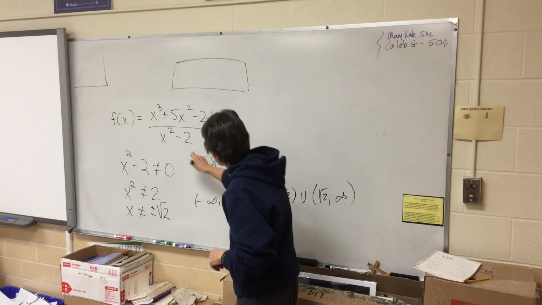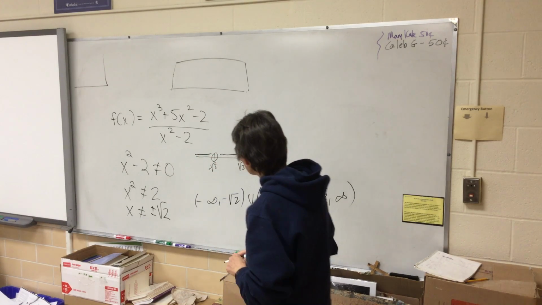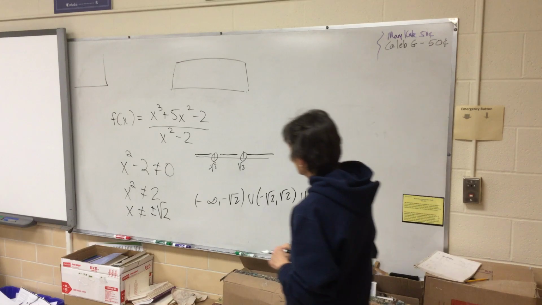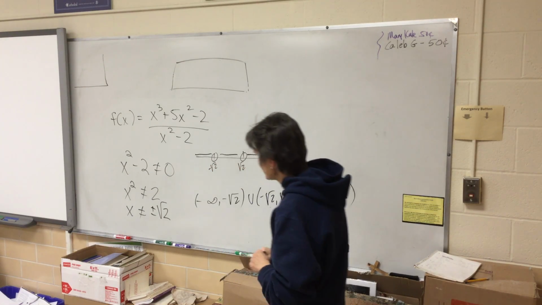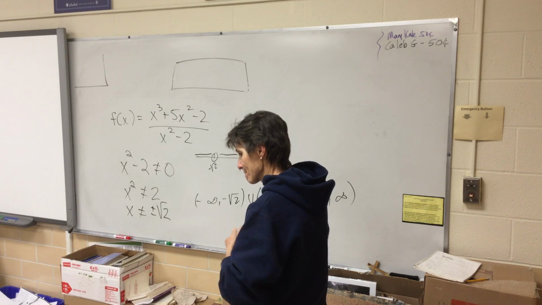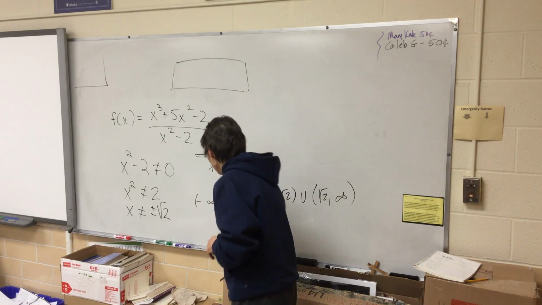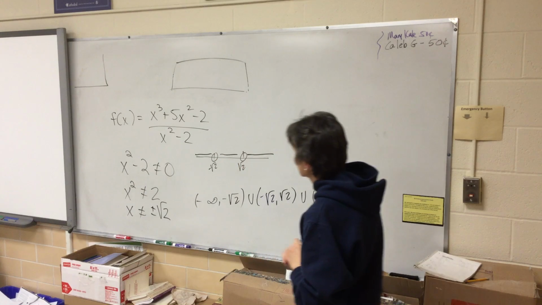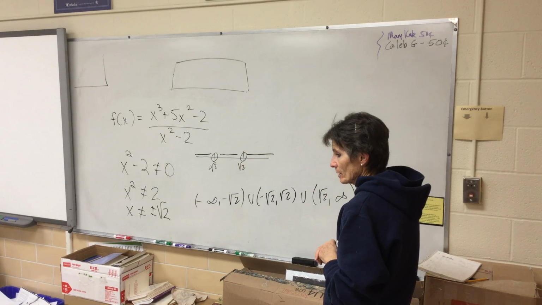And that would describe every section of the number line, excluding those two values. Those are excluded values. Okay?